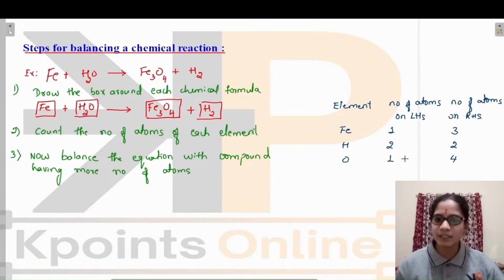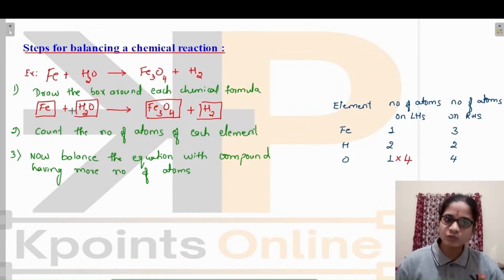Once I add coefficient 4 here, it belongs to both the elements, as it is a single compound. So once I add the coefficient here, the number of hydrogen atoms is also affected and the number of oxygen atoms is also affected. So keep that in mind.